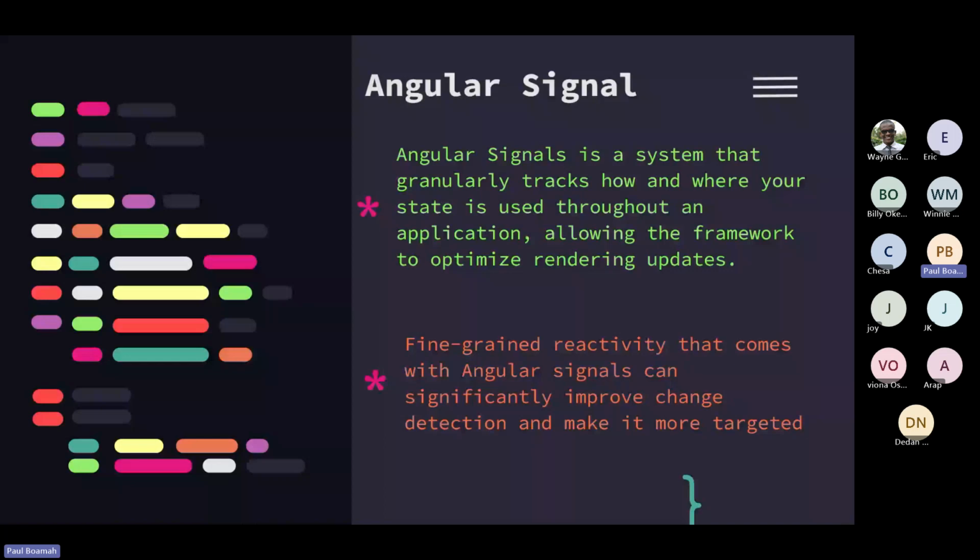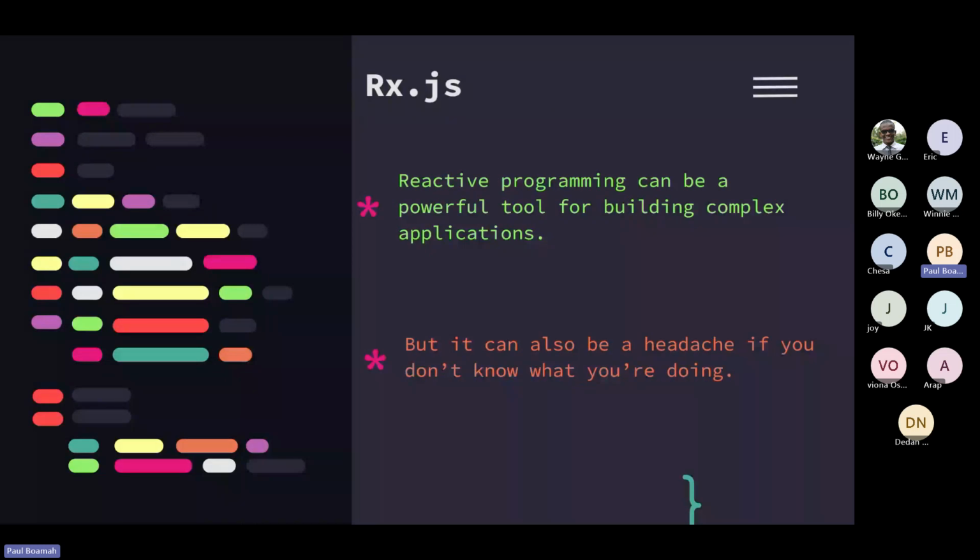Right. So there's also RxJS, which also attempted to do the same thing. RxJS takes reactive programming to the next level, but in RxJS, there are a lot of things that you might have to deal with, right? You have to deal with unsubscribing from data once you subscribe to it, and you also have to learn a bunch of RxJS operators.